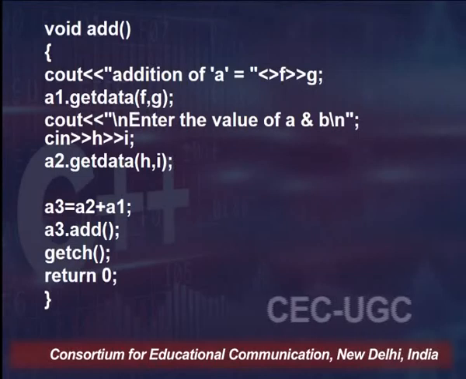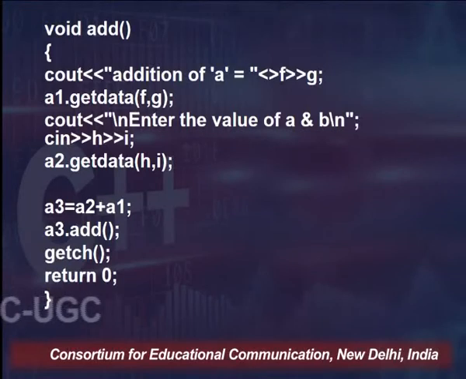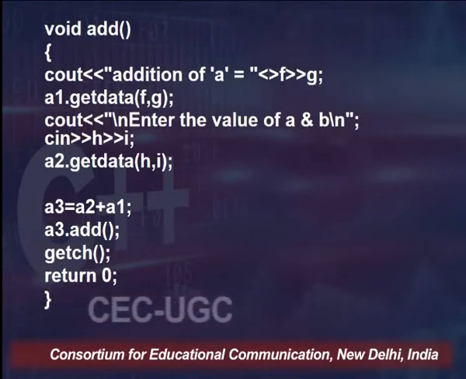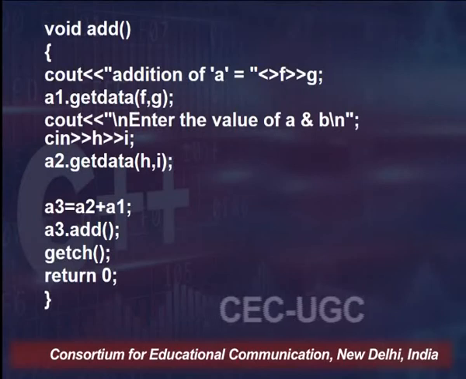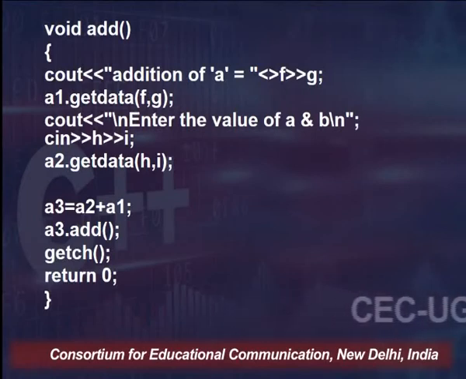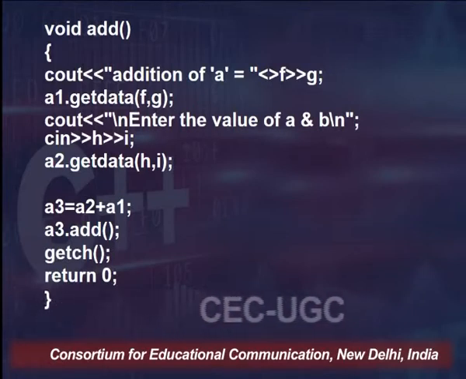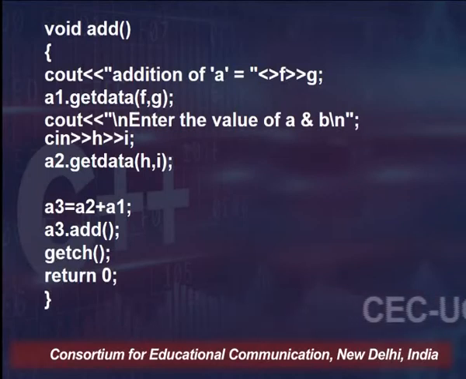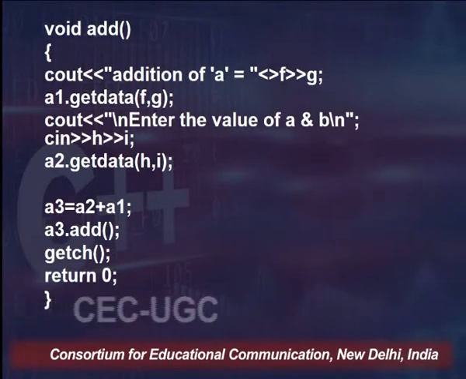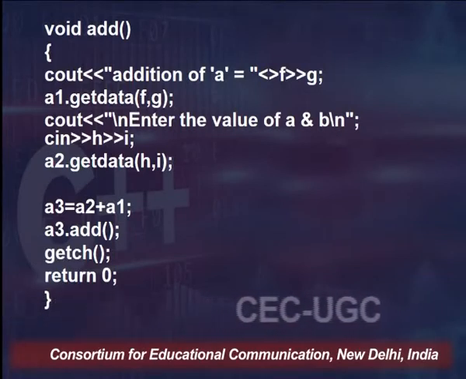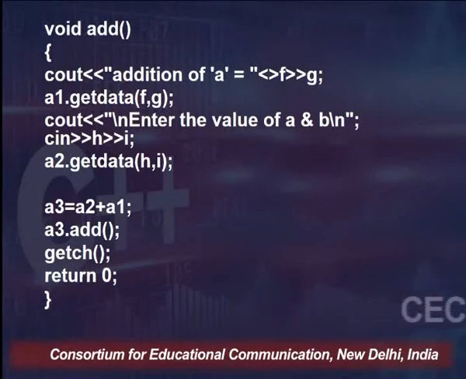Now, there is a function which is void add, and in it we have a1 dot get data, where we enter the values of a and b both, then a2 dot get data. So, we have taken two object variables a1 and a2, and for a1 and a2 we have taken the values of those private members.